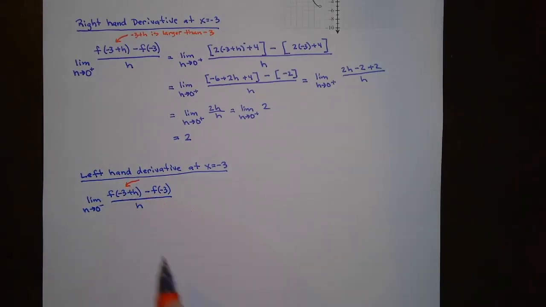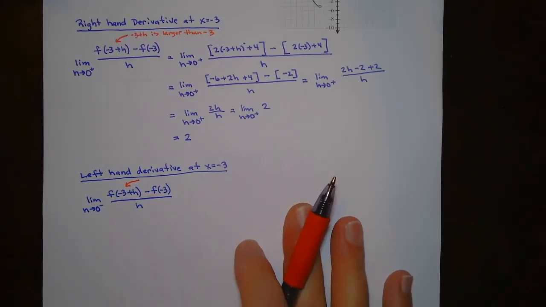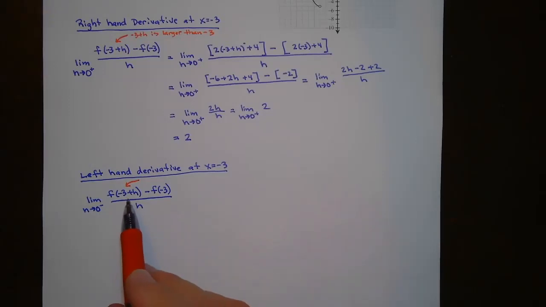Okay, so now what do we know about this -3 plus h? Because I need to decide, is that bigger than -3 or smaller than -3? Because that's going to dictate what function I put it into. So -3 plus h. Okay, now we got to think about what really is this h? So this is going to tell us right here. H is approaching 0 from the left.